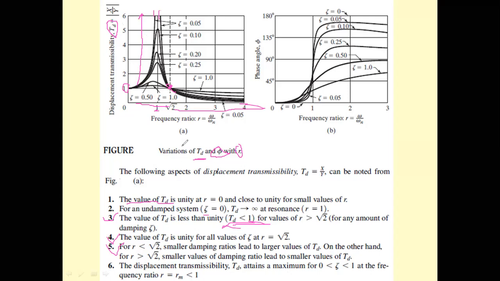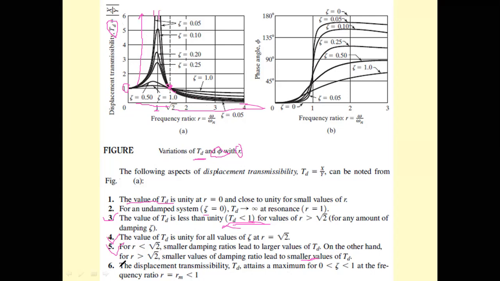On the other hand, when r is greater than root 2, a smaller value of damping ratio leads to a smaller value of TD. So for zeta equal to 0.01, there is a smaller value of TD. So it is opposite in this condition; for r greater than root 2, it is opposite.